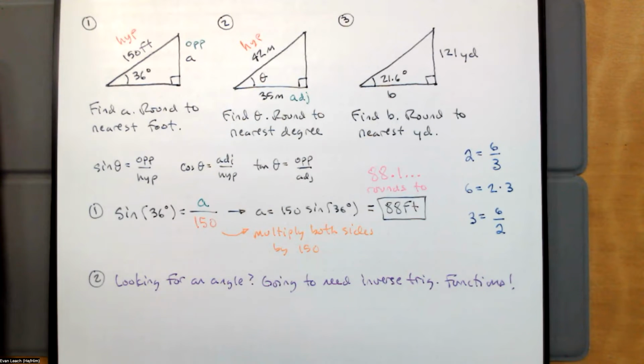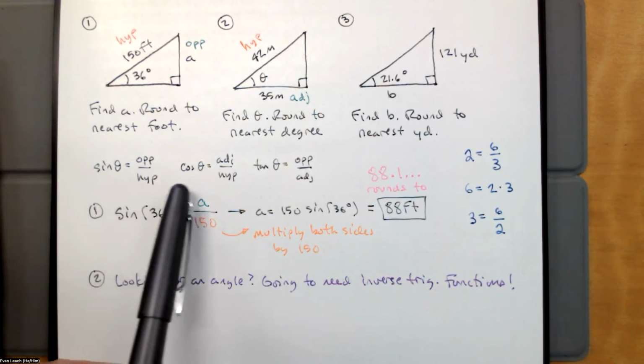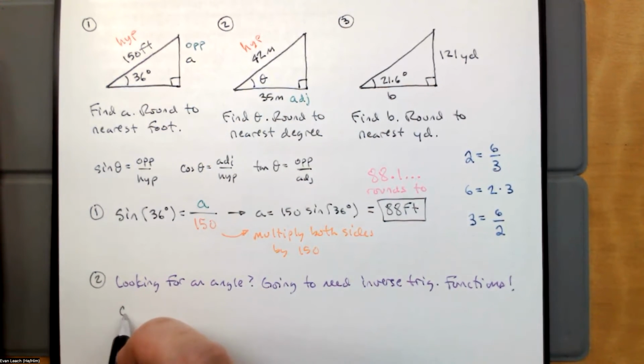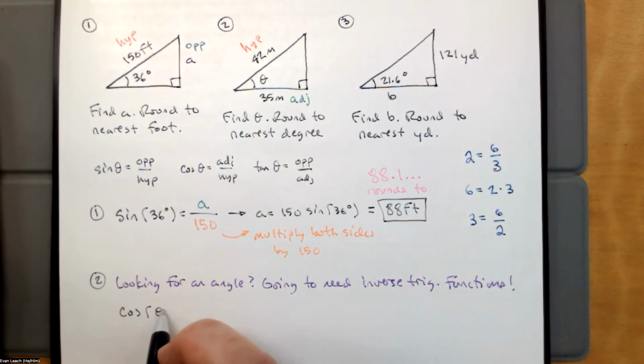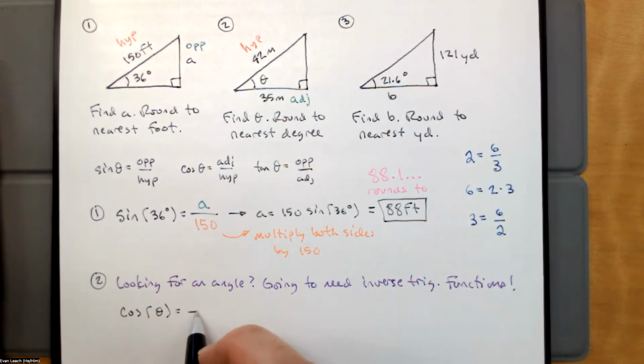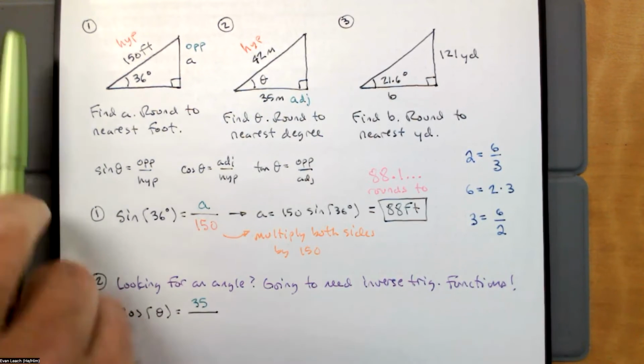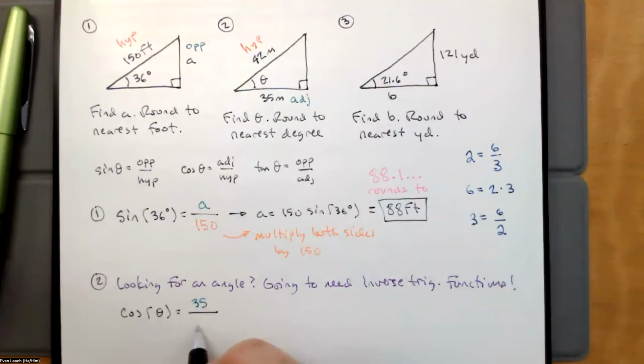Which trig function is that? Adjacent and hypotenuse means we're going to set up a cosine. We know we're looking for an angle, so we're going to use a cosine inverse. Cosine of theta, which we don't know, is the adjacent side, 35, over the hypotenuse, 42.